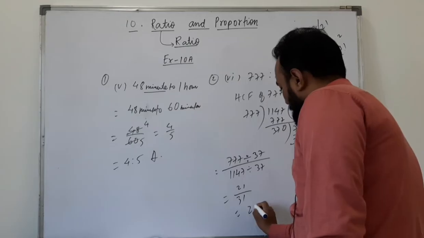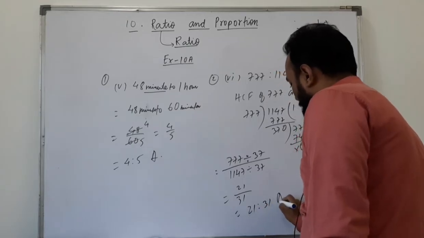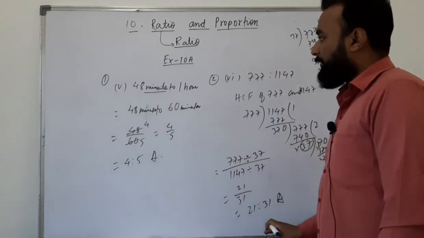So this is your 21:31, the required simplest form. So you will all solve like this.